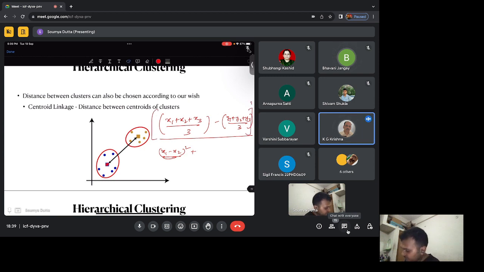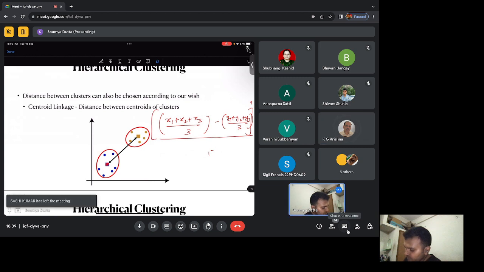Yeah, you take the 2 centroids and you take the difference between them. Okay, and the other is this. Sorry, is x a dimension, x coordinate, or what? No, I am talking about 2 clusters. x is one cluster, y is another cluster. x1, x2, x3 are the 3 points in one cluster, y1, y2, y3 are the 3 points in the other cluster. So basically they are vectors. You can consider them as vectors or not, it doesn't matter.